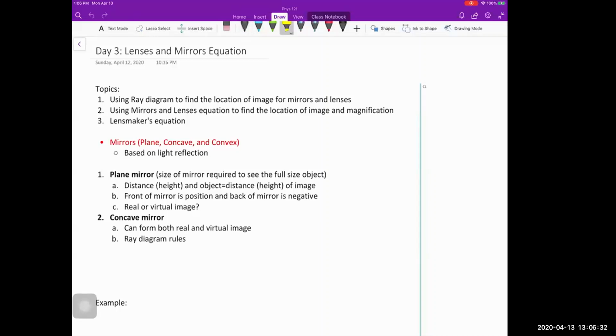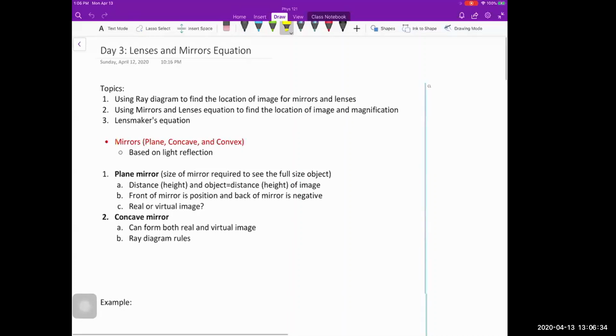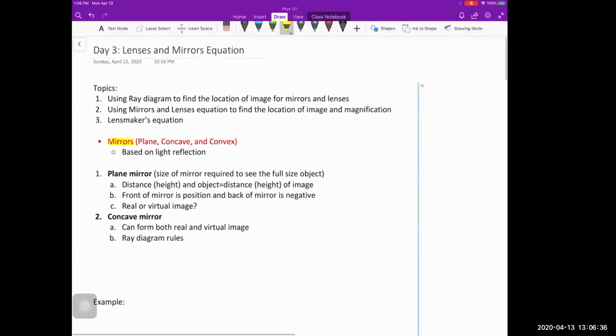So over here, I say the mirror is based on the light reflection. When we talk about the lens, you're gonna see the image was based on the refraction, meaning the light actually turns to a certain angle, and that turn is what we call the refraction.